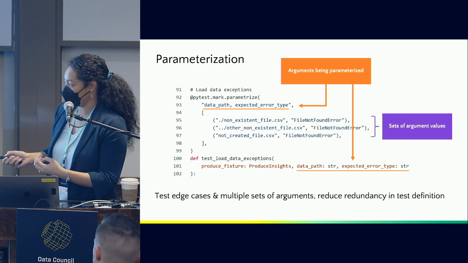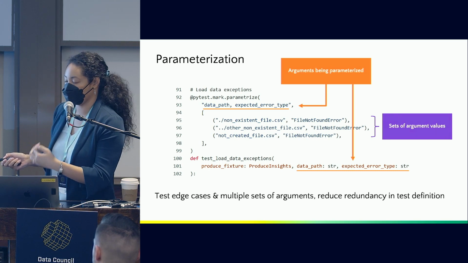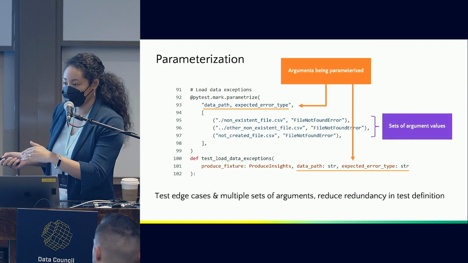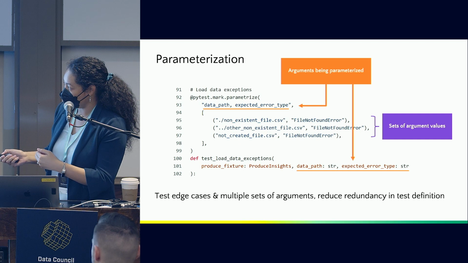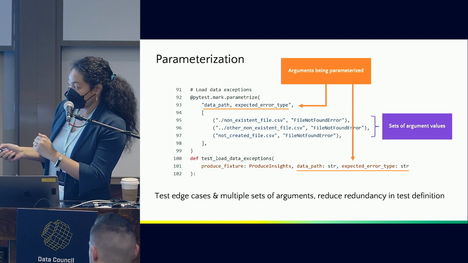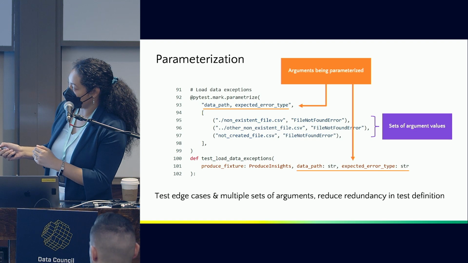So instead of saying test load data 1, test load data condition 2, test load data condition 3, and having a different method for each of those, we can just have one test load data and set in sets of parameters. With this example, we have at the top, we're marking this as parameterization. These two things here are the different arguments that we're parameterizing for this test.